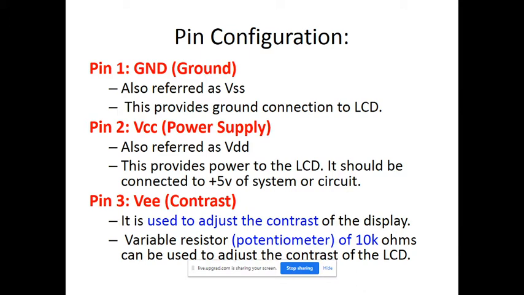Here we are connecting a potentiometer between ground and VCC, and by varying that potentiometer we adjust the contrast of the LCD as per our choice. In this fashion, these three pins are related to power supply.